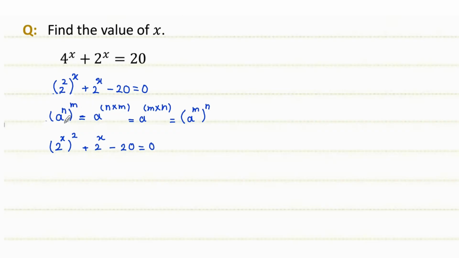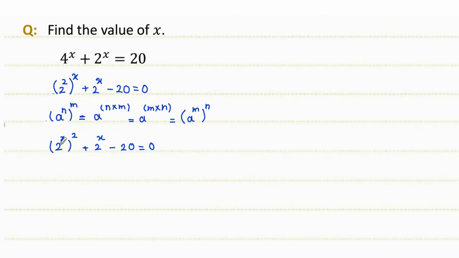Basically, this identity shows that n and m, that both are powers, can be switched. So instead of a, n, m, we have a, m, n. So we use the same identity here.